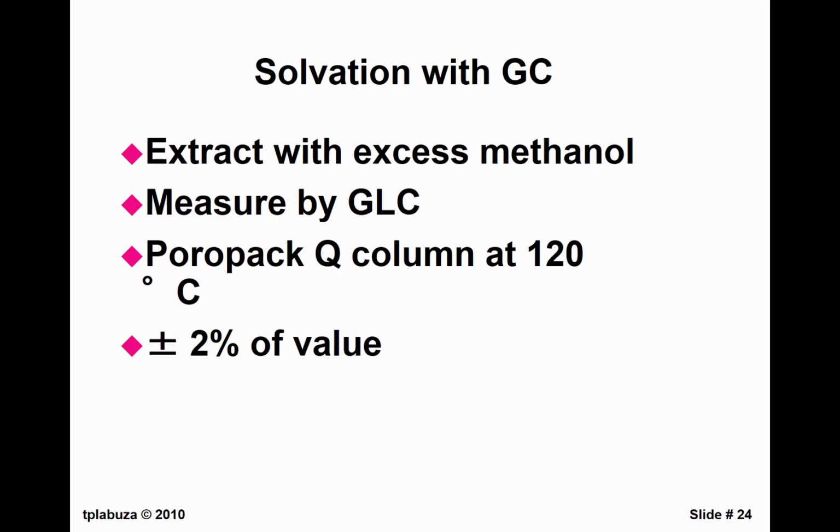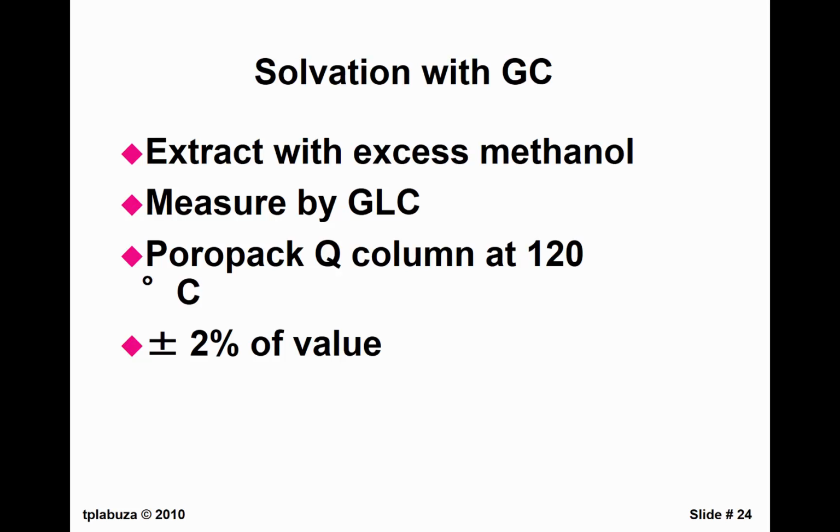Another is to solvate it with, let's say, methanol, extract it in a flask, and then take a sample of the mixture after it's been sitting in the methanol, maybe overnight would be good enough with some stirring going on.